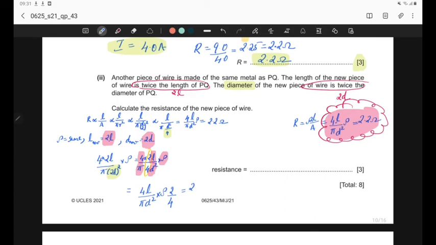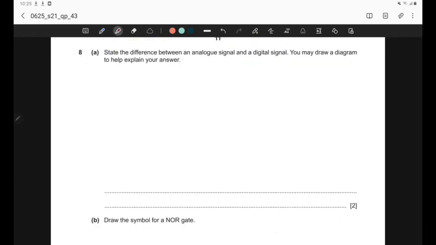That will be 2.2 times 2 over 4, which is nothing but 1.1 ohm. So that is the new resistance value.